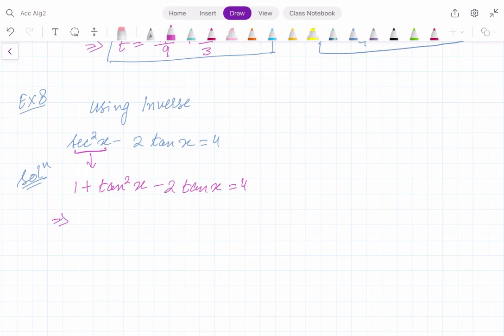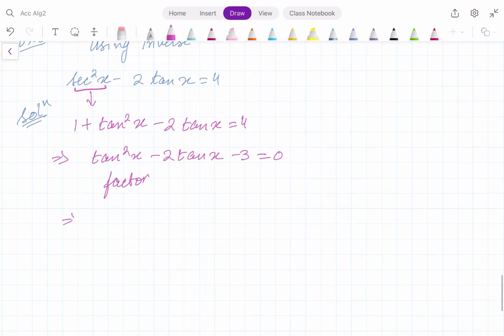And this can be written as a quadratic. Tangent squared x minus 2 tangent x minus 3 is equal to 0. Let's factor it the same way we factored the quadratic. So in the factored form, we will get tangent x minus 3 and tangent x plus 1.